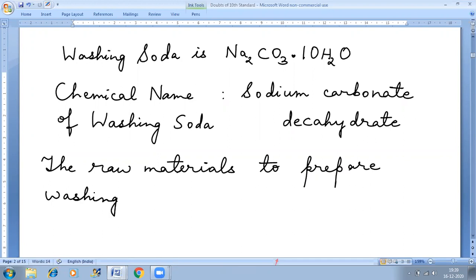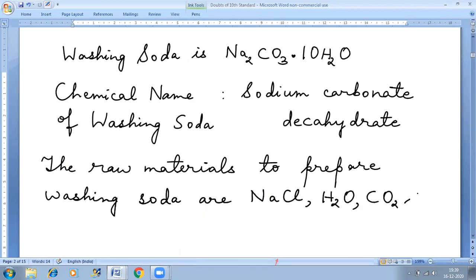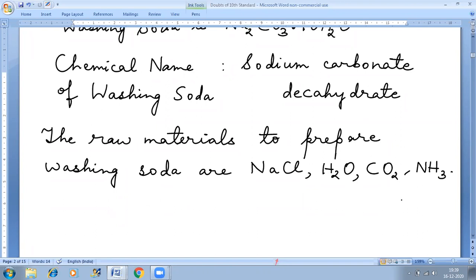In the exam, they ask you, how do you prepare washing soda? So the raw materials used to prepare washing soda are NaCl, water, carbon dioxide, and ammonia. These are the four major components that are going to be used to prepare washing soda.